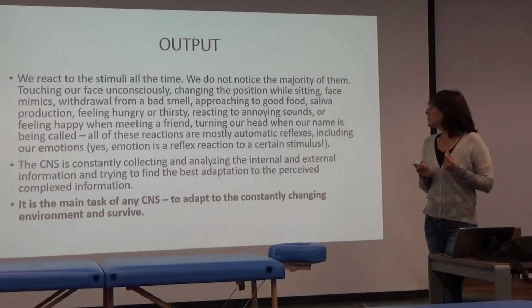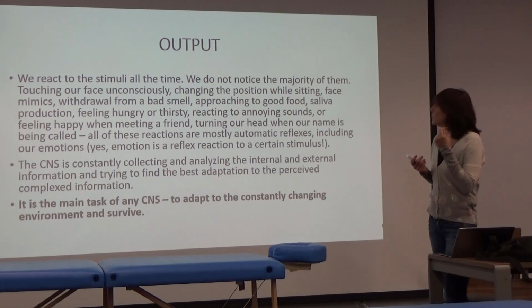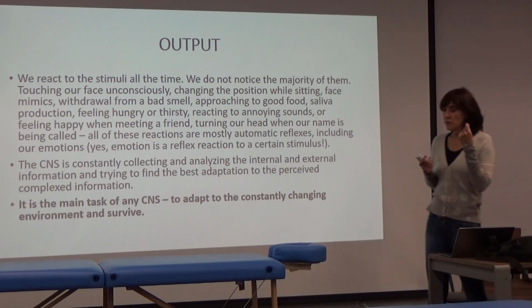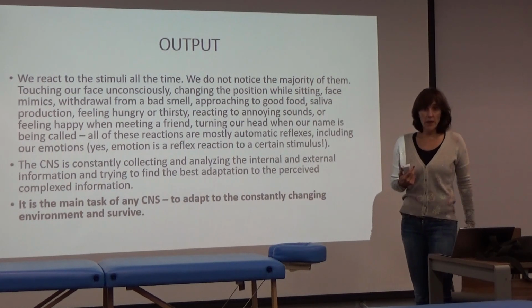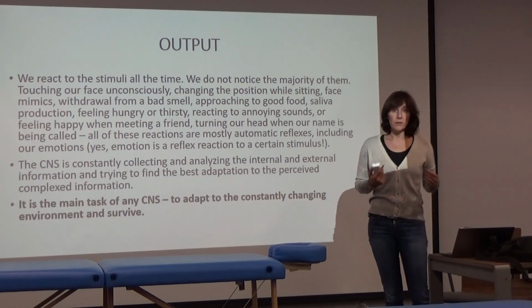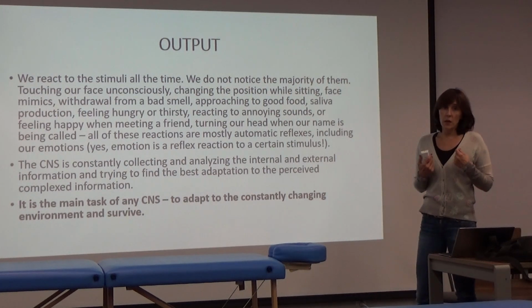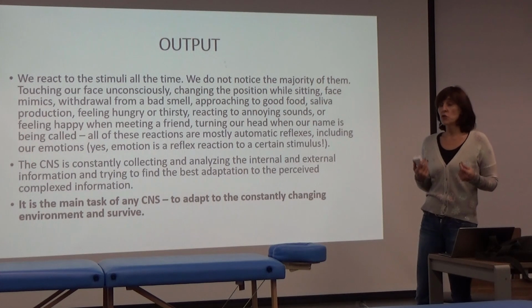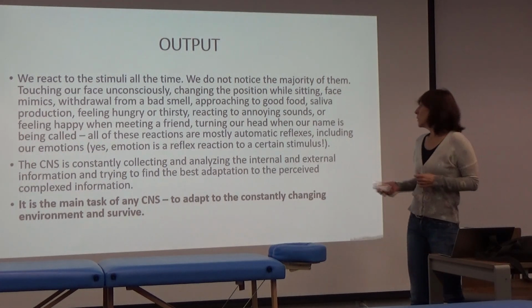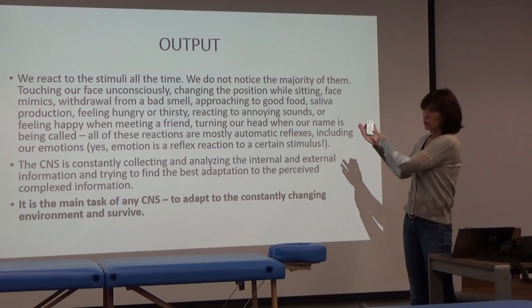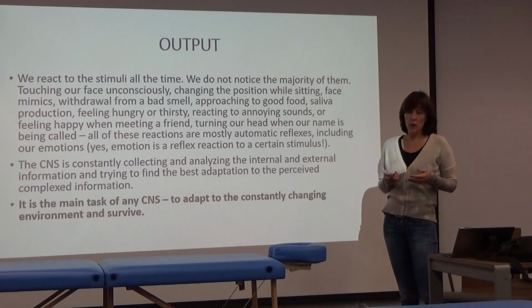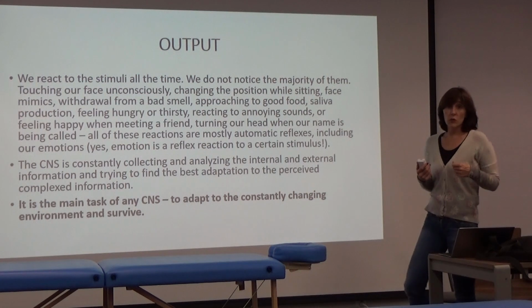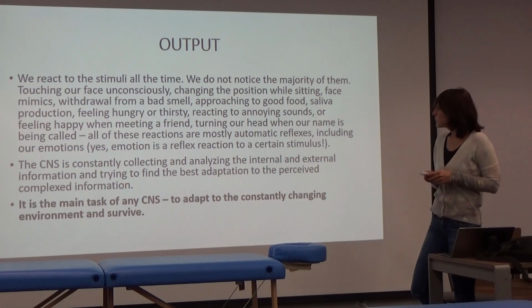All the time we have different stimuli which we produce, for example, we touch our face, we change our position. Even when I stand here, I do millions of different movements, and that's absolutely subconscious. It's my nervous system trying to adapt to the light, to the fact that I have to look here, look there, switch the buttons, and I'm talking to the camera, etc. So all the time my system is trying to adapt subconsciously.